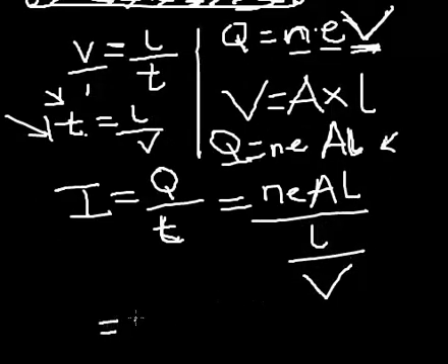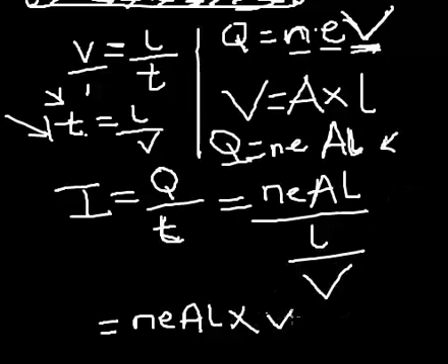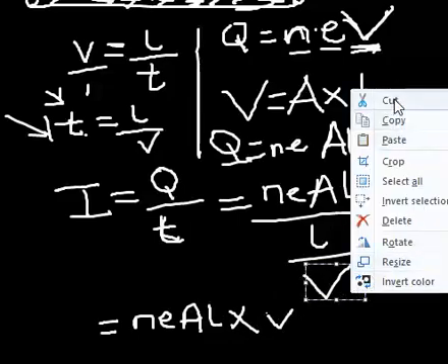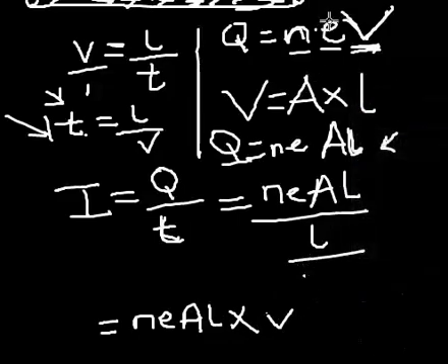Of course, you know this is nEAL, then the reciprocal will invert, so times V, this small letter V, velocity, let me differentiate it by just using small letter v. What I just did was reciprocal.